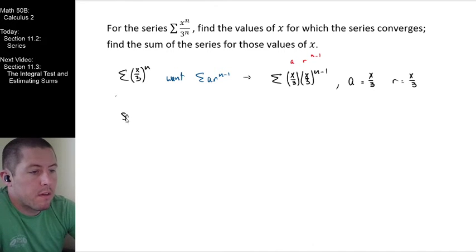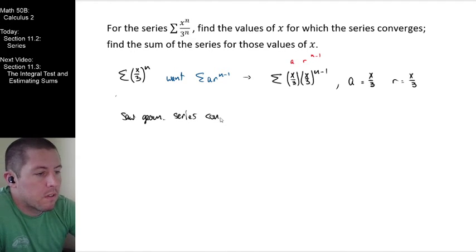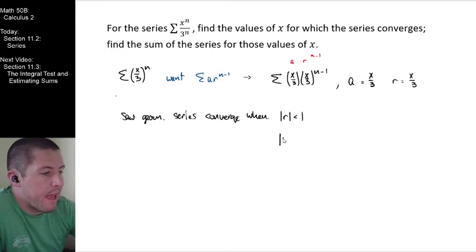We saw that geometric series converge when the absolute value of r is less than 1. We have the absolute value of x over 3 needs to be less than 1. That says to me that negative 1 is less than x over 3 is less than positive 1.